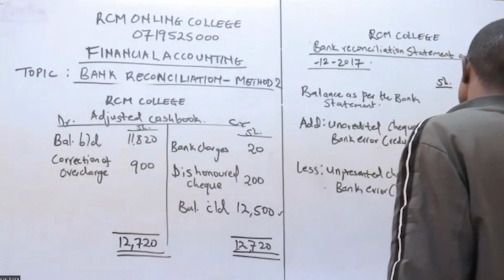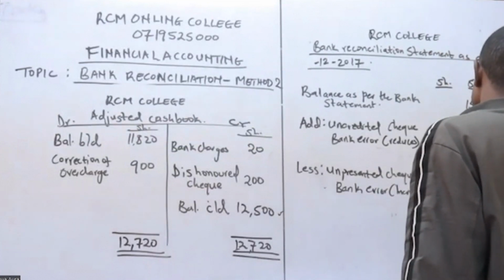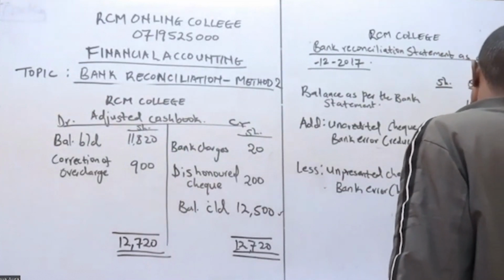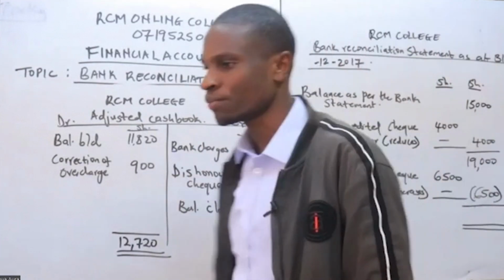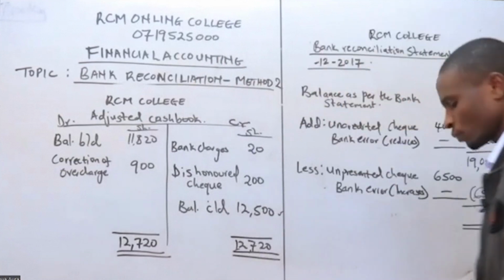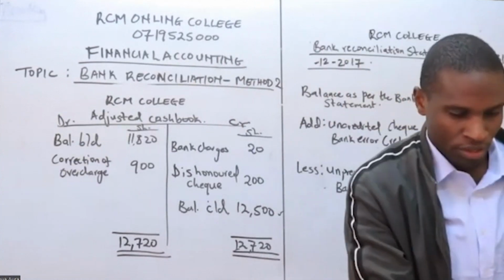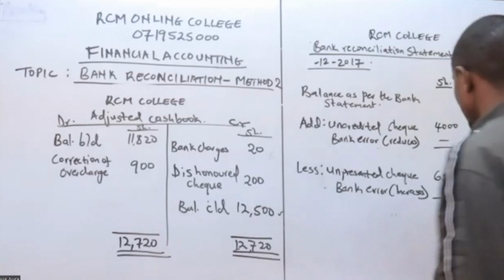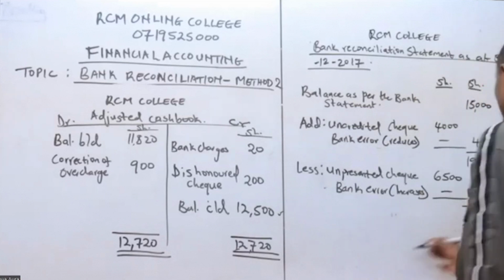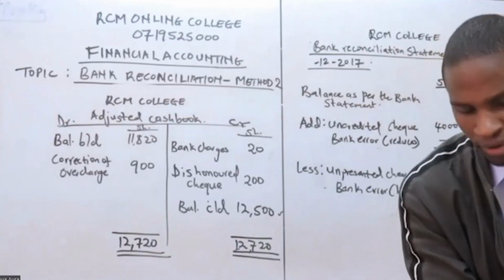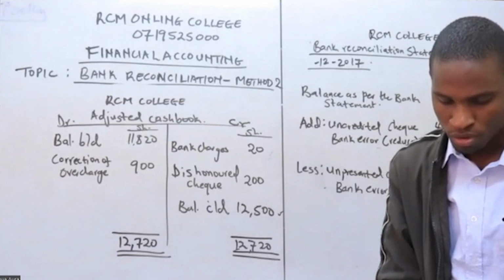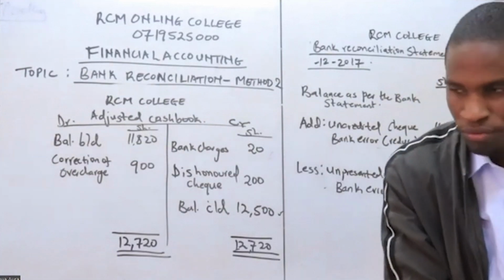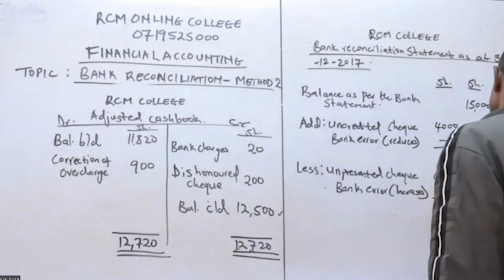We don't have any. Then we have 6,500. So you have to get the difference. When I use my calculator, the difference I'm getting is 12,500.